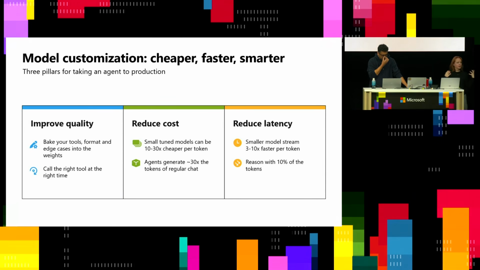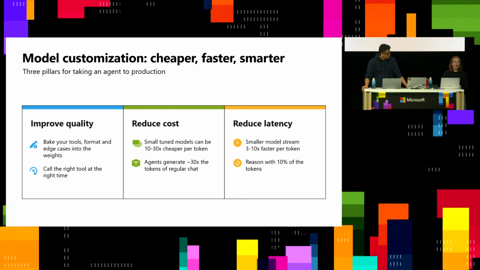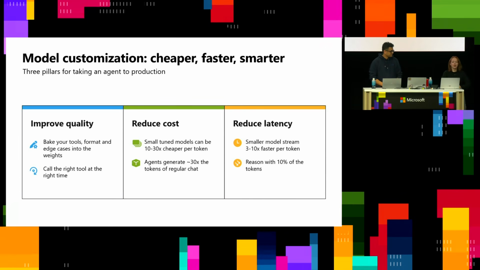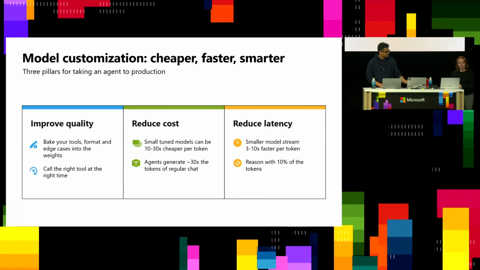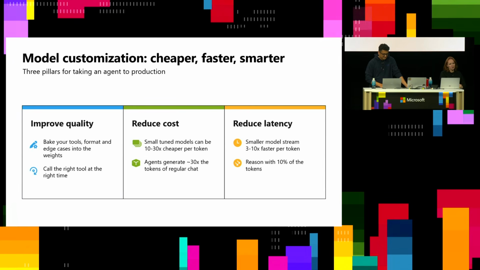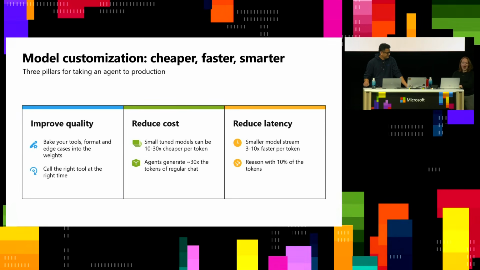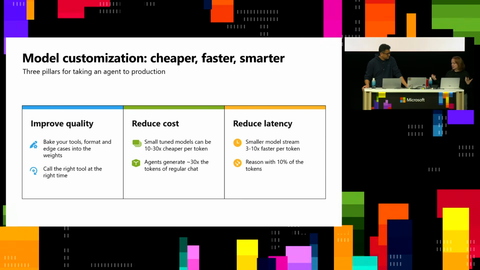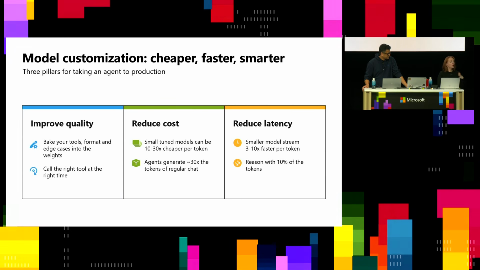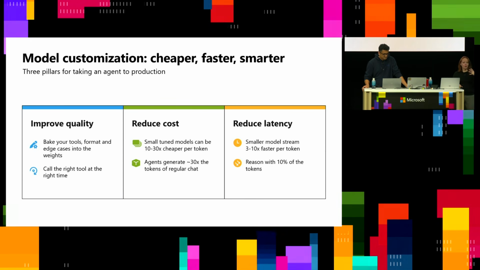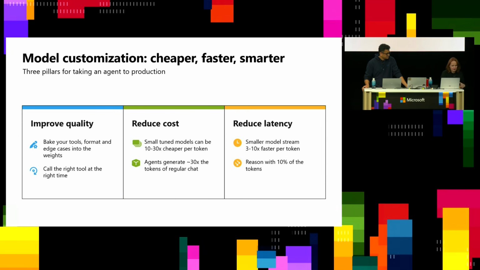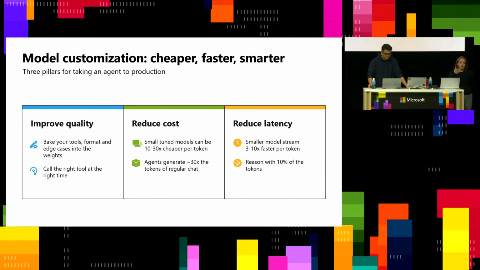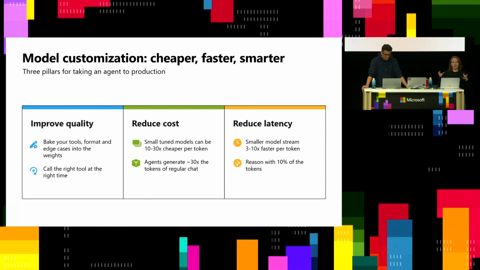So historically, I think when people think about fine-tuning, they think about improving model quality. 2 years ago, a lot of people said, like, wow, I need to fine-tune GPT-3.5 to teach it about my domain. Today, when we talk about improving quality, especially in the context of agents, it's really about call the right tool at the right time with the right inputs. Improving quality is really about baking in those instructions from your prompt into the weights of the model itself.